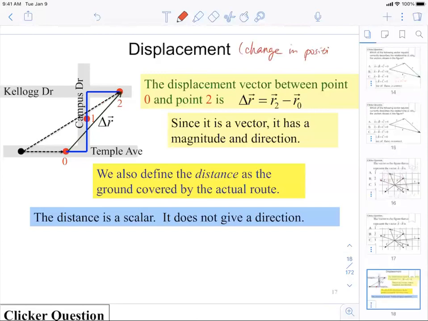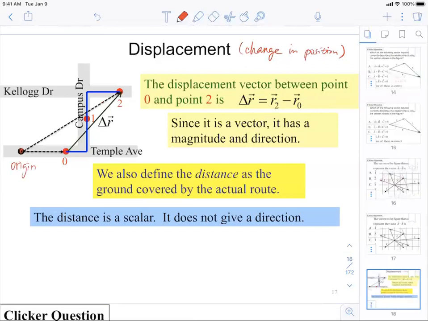So displacement is simply the change in position. I don't know when we'll get on campus again, but here we have a little campus map. Imagine you are treating this point as your origin, and you have identified a few points in Temple and Kellogg Drive as your position over time.